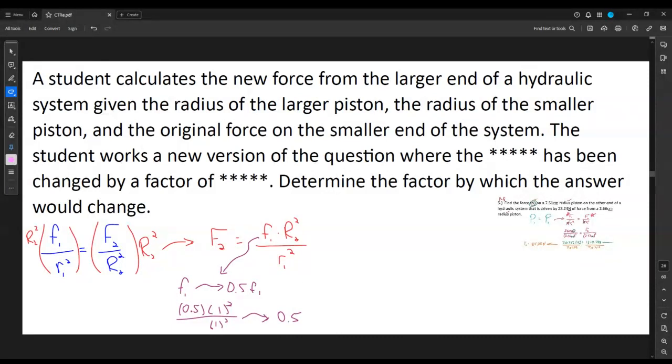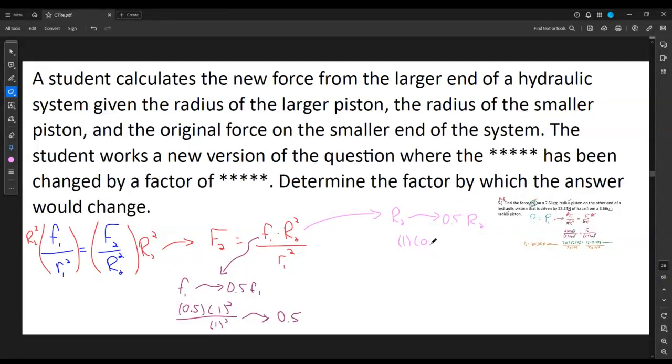Okay, and then now to the actually interesting variables. If we look at this radius from the top, so say that R2 is reworked in a new version of this question so that it's multiplied by a factor of 0.5. Look at where that is in the formula, see how the variable is affected, and you might be able to tell where this is going to go, but let's check and see. So if that original small force is unchanged, then the ratio of the new version versus the old version of that number is going to be 1.